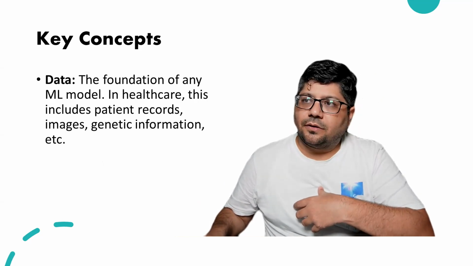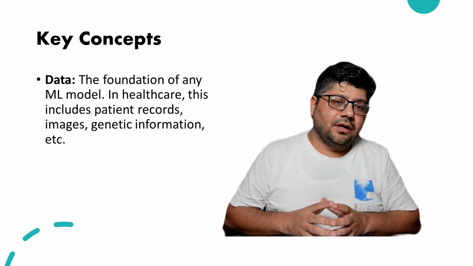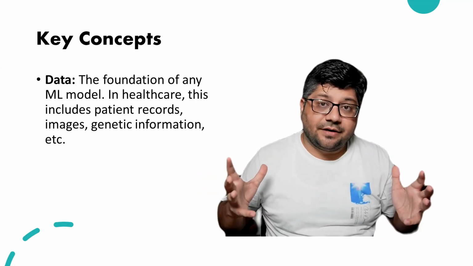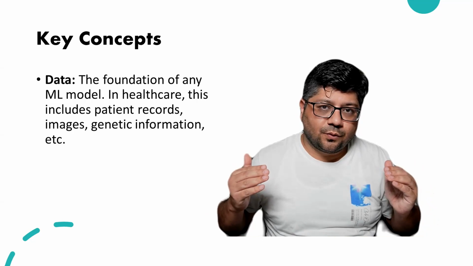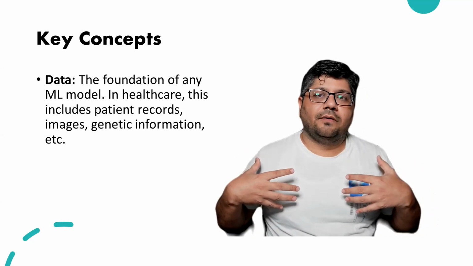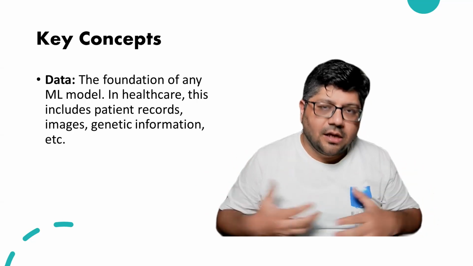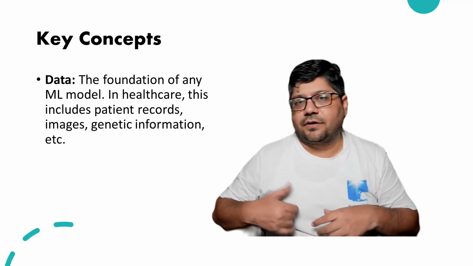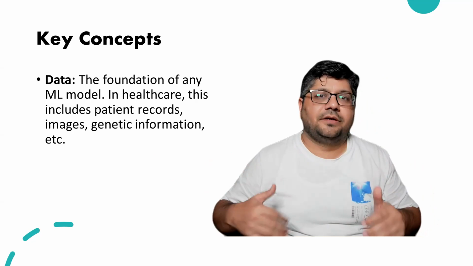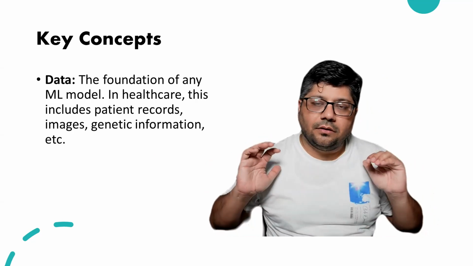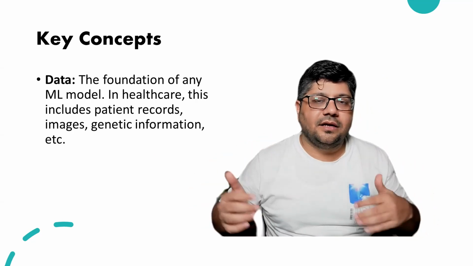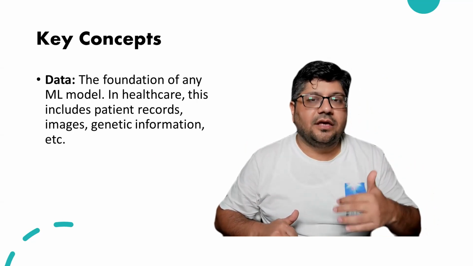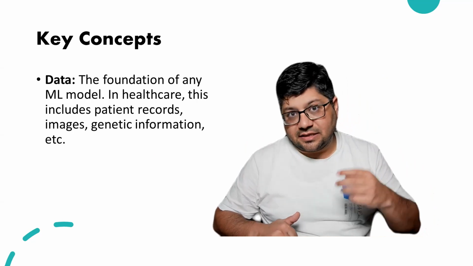There are some key concepts related to machine learning, and the first concept which I want to talk about is the data itself. When we talk about machine learning, a lot of emphasis is placed on different types of algorithms and complicated concepts. And I tell those people that, look, you can get all that done easily, but the key factor which is required to be considered is the data itself.